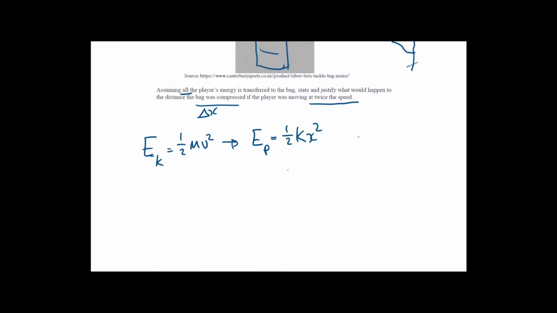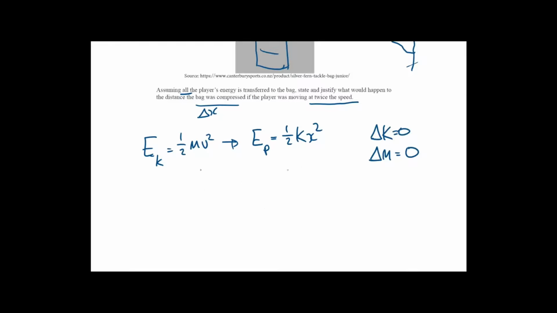So a couple of things to work out. The change in the spring constant is zero. It's a constant, it's set. That's why it's called a spring constant, no matter how much we squish it. Also, the change in the mass of the player is going to be zero. They're not going to be moving so fast that they start moving near the speed of light and start picking up mass, getting crazy like that.